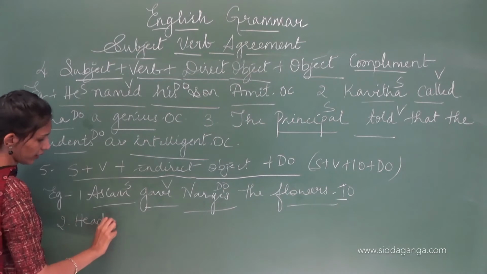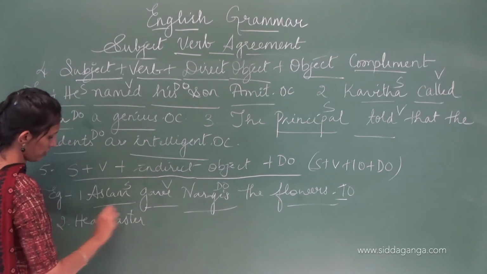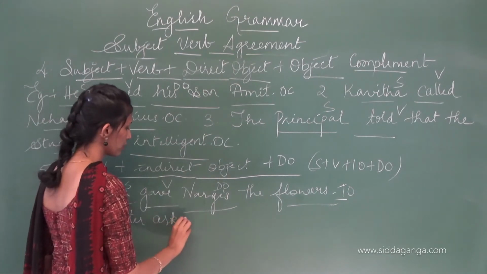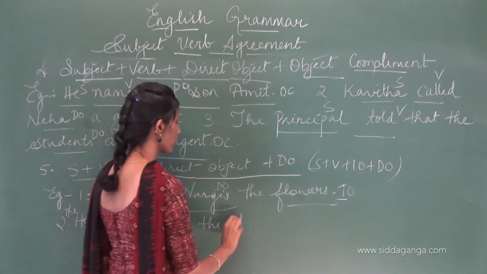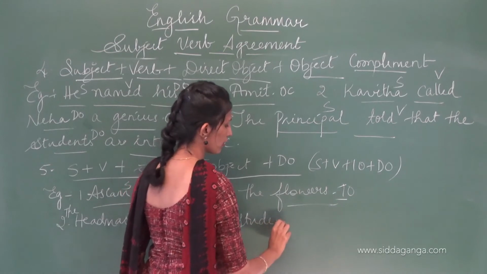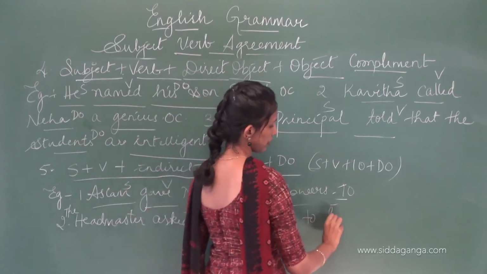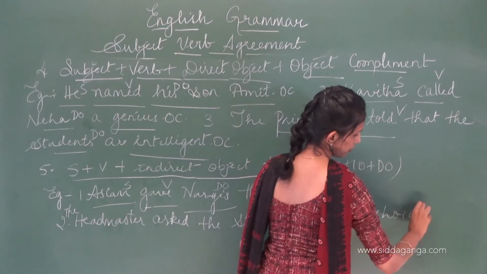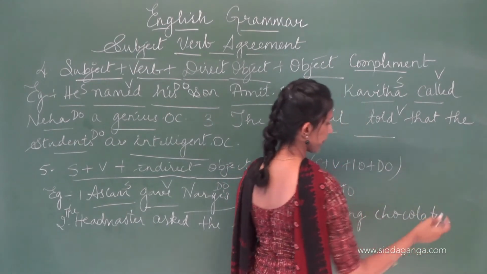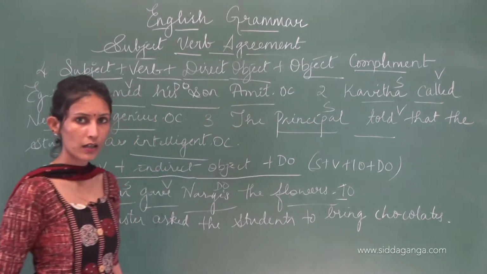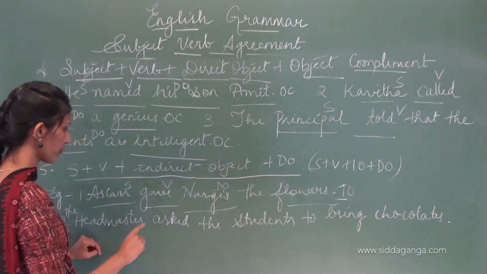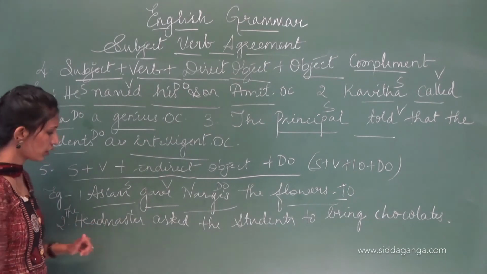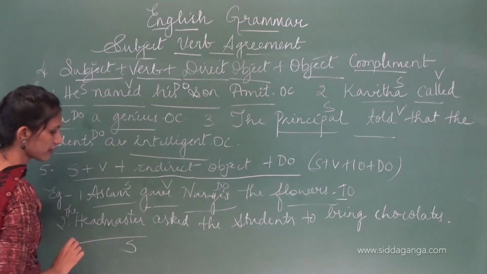The headmaster asked the students to bring chocolates. So the sentence is, the headmaster asked the students to bring chocolates. Who is the subject here? The headmaster is the subject.